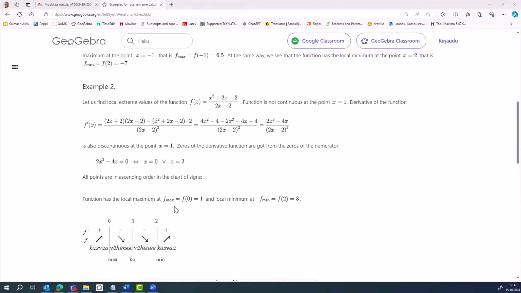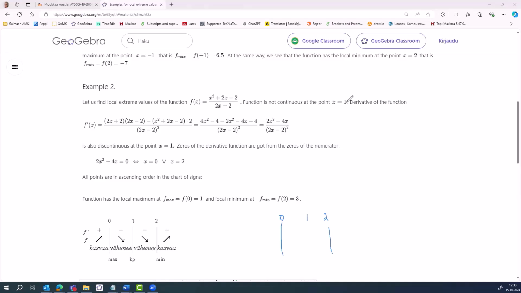And when I do the table, I basically do it a little bit differently than what I have here. So I put all the values I have found. I have 0, 1, and 2 in ascending order. 0 and 2 are zeros of the derivative, so I have a normal vertical line under them.